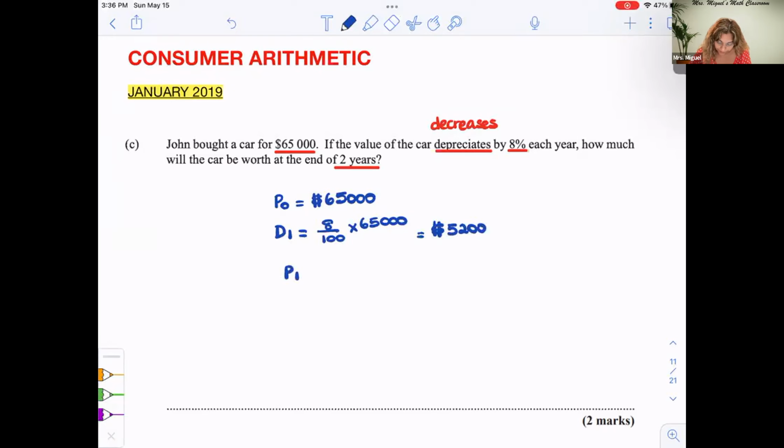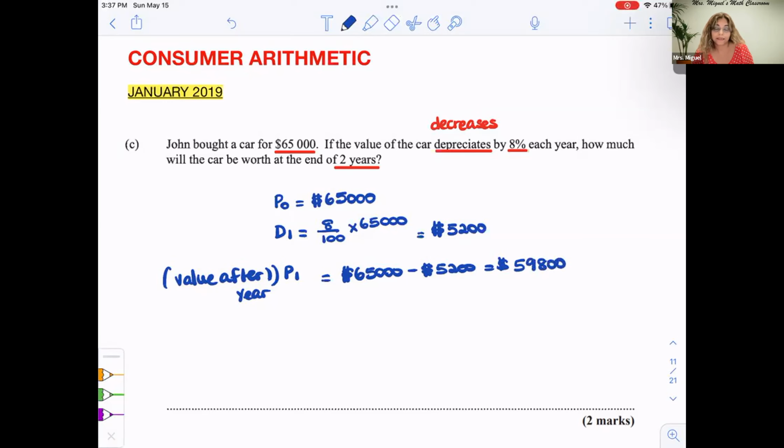P1, the value after 1 year: $65,000 minus 5,200 is $59,800. But they didn't ask for 1 year, they asked for 2 years.